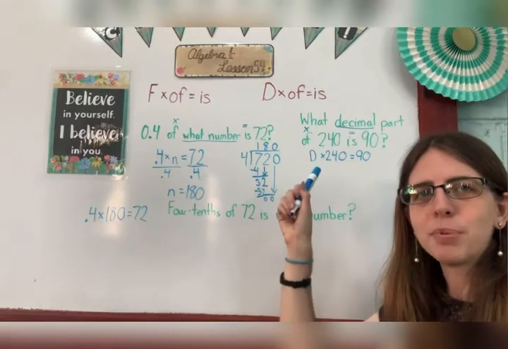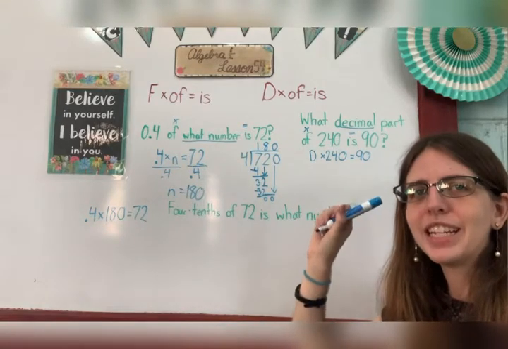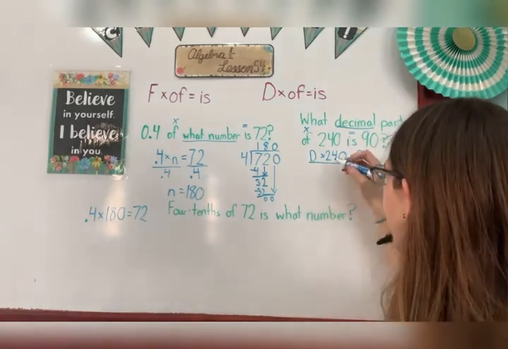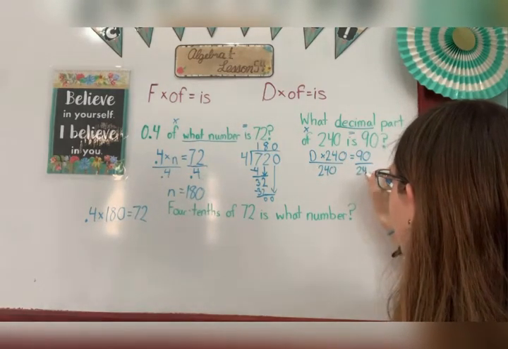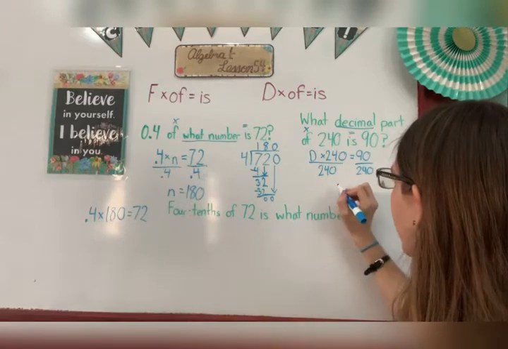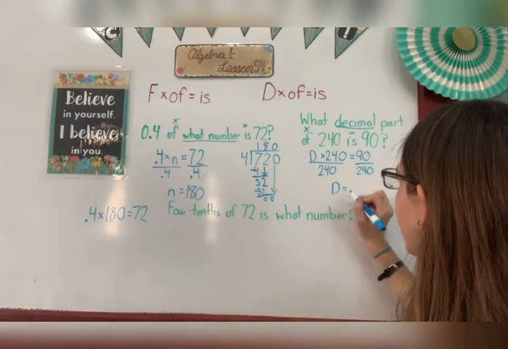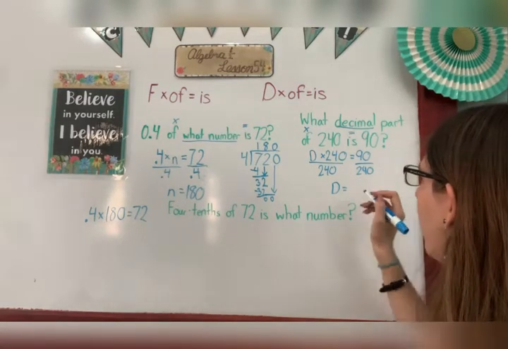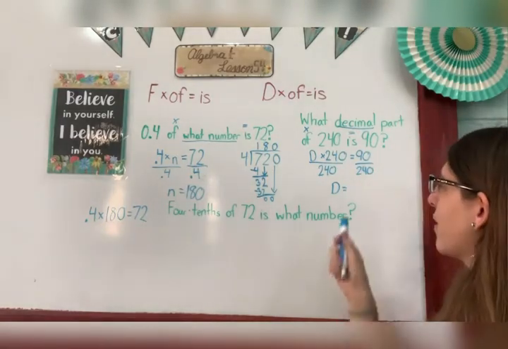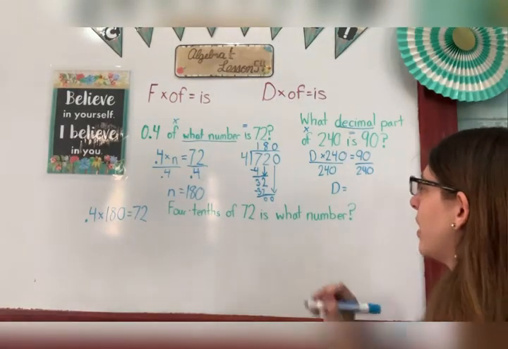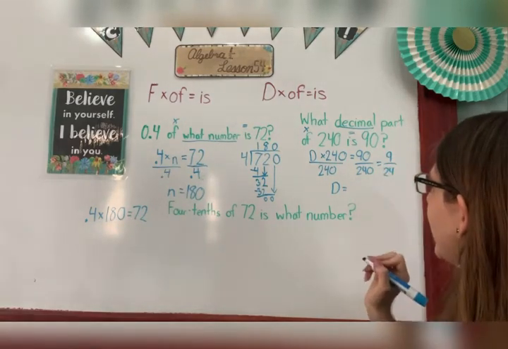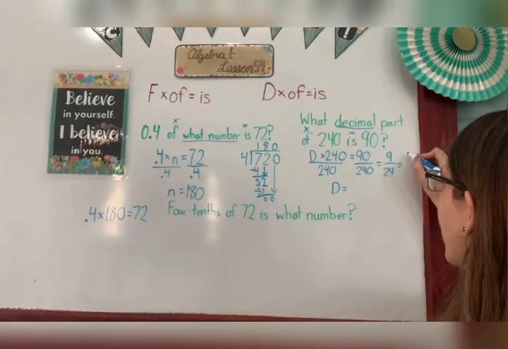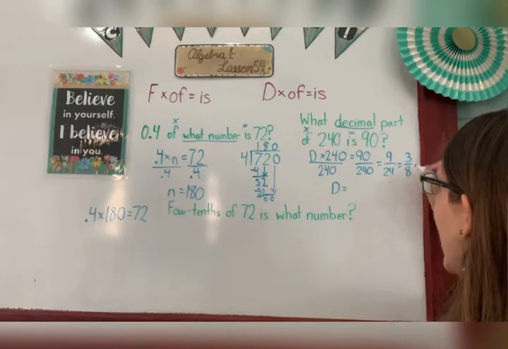So I am multiplying on this side. To solve for d, I need to divide by 240. All right, so I get decimal equals 90 over 240. If I were to reduce my fraction, I first reduce it to 9 over 24 because that's easy. Then both can be divided by 3, so I get 3/8.